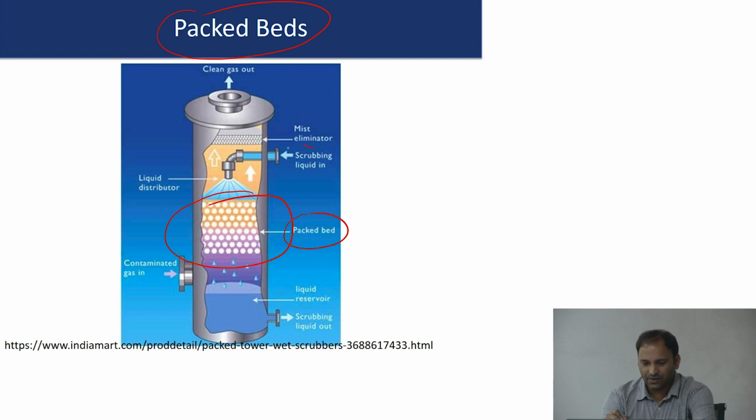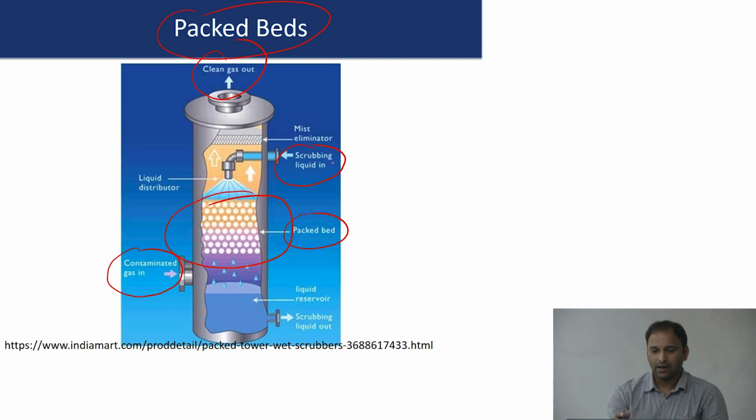So basically there's a scrubbing liquid. At the bottom there's an entry for something called a contaminated gas. This gas contains some liquid droplets. The objective is to have a clean gas go out at the top, and whatever liquid is entrained in the gas, I want to take it out.